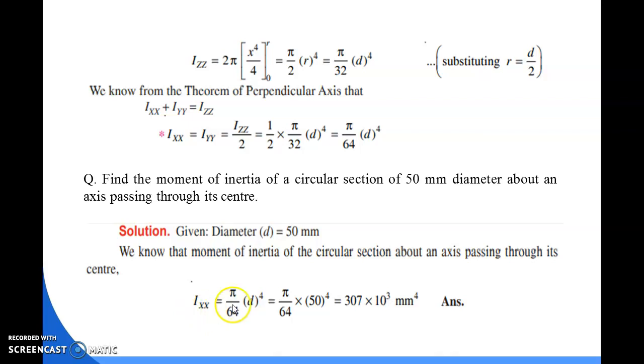So the formula will be pi d⁴ by 64, where the diameter is given as 50 mm. By putting this value, we will get the moment of inertia of the circular section as 307 into 10 to the power 3 mm to the power 4.